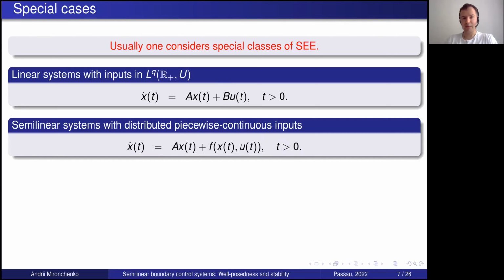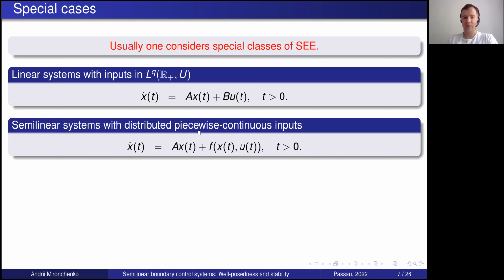At the same time, if we deal with nonlinear infinite-dimensional systems, then many papers are devoted to this type of systems. We have here F, but F is usually Lipschitz continuous, so quite nice, and continuous with respect to u. So here we do not have boundary inputs. Let's say we have distributed inputs, and they are usually assumed to be continuous or piecewise continuous.